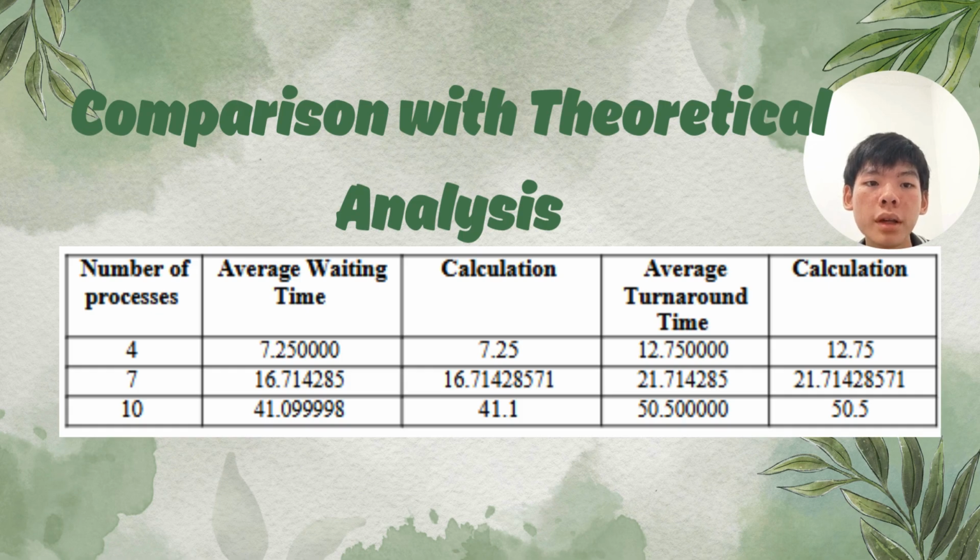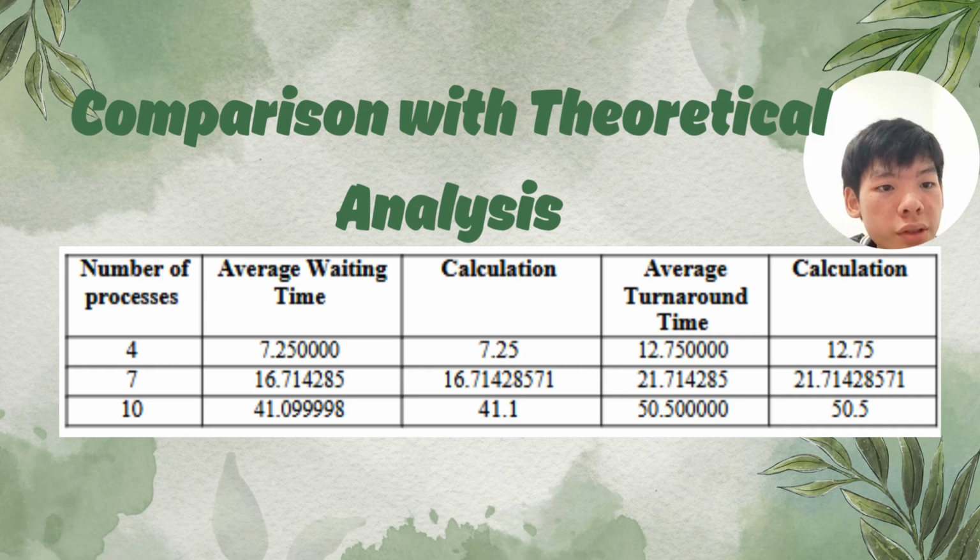Comparison with theoretical analysis. For 4 processes, the AWT is 7.25 in actual and is the same in the calculation. ATT is 12.75 in actual, and the calculation is also the same.